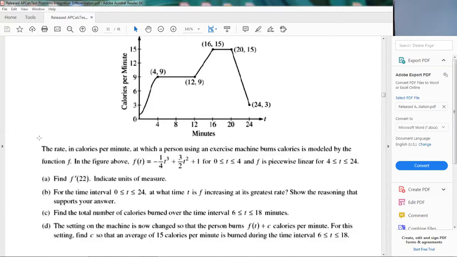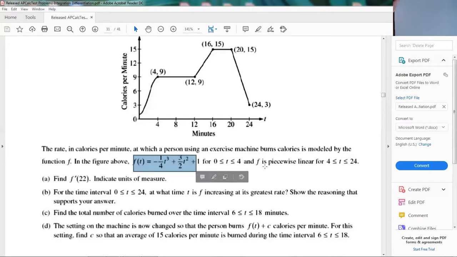The problem says the rate in calories per minute at which a person using an exercise machine burns calories is modeled by the function f. In the figure above, f of t equals negative 1/40 t cubed plus 3/2 t squared plus 1 is the function from 0 to 4. This portion right here is given by this function.